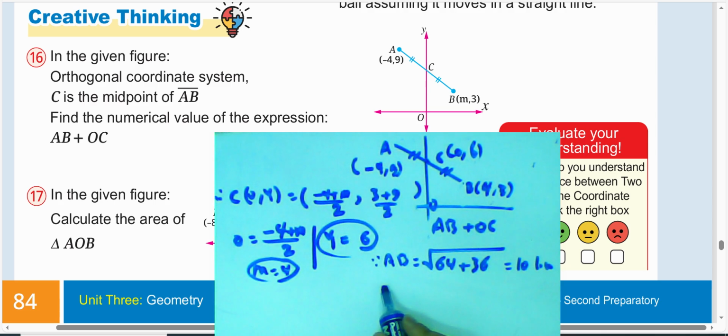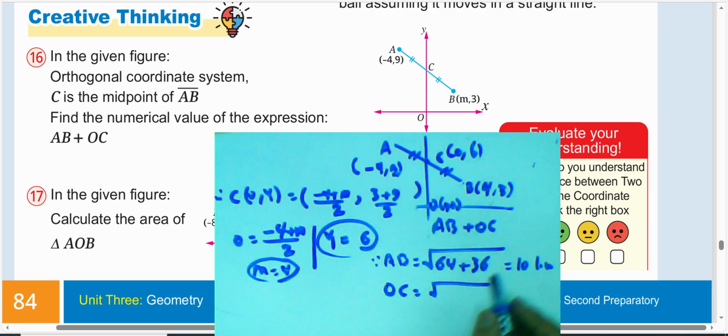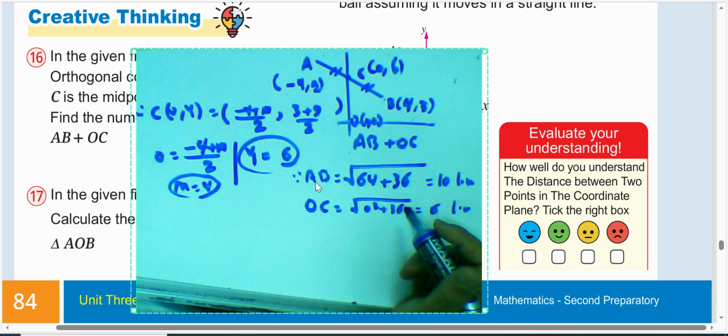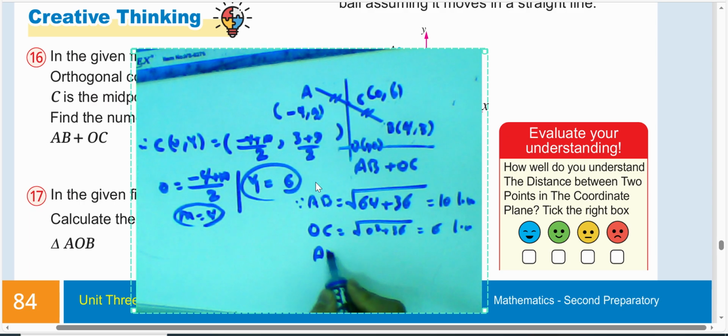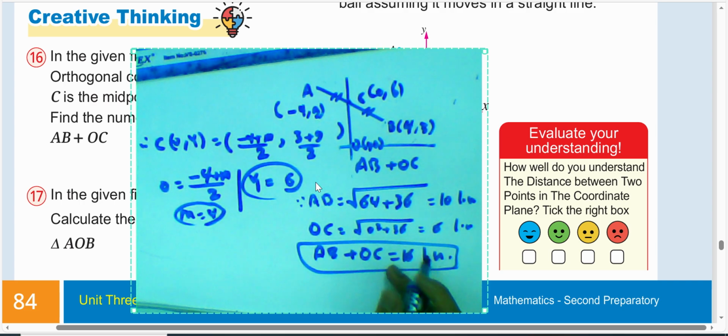And then we can find the length of OC. For OC we have (0, 0) and (0, 6): 0 to the power 2 and 6 to the power 2, and the result will be 6 length units. So the distance AB plus OC equals 10 plus 6 equals 16 length units.